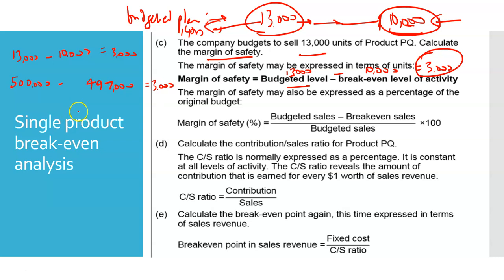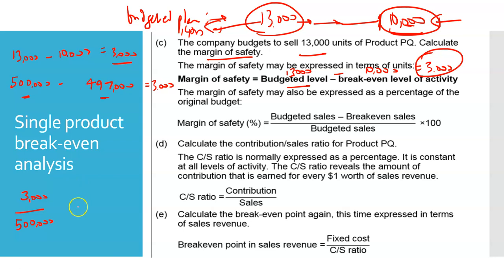If you need 497,000 to break even, and you're currently selling 500,000, 3,000 as a percentage of your 500,000 is very small.